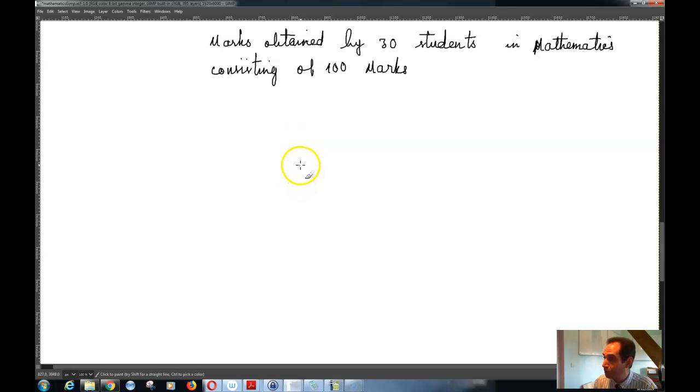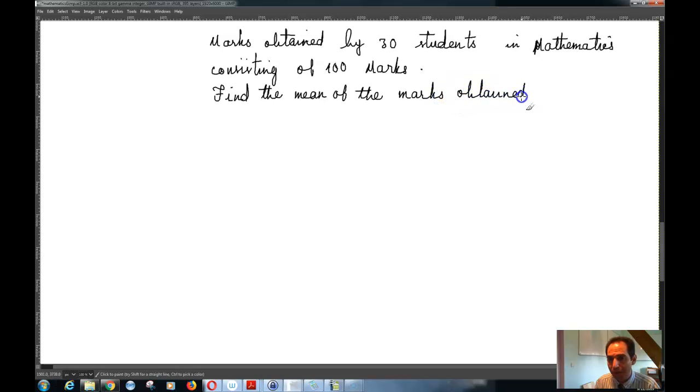You want to find the mean of the marks obtained by the students.